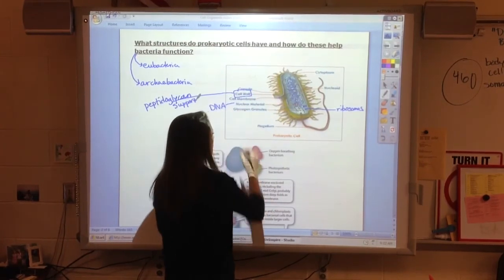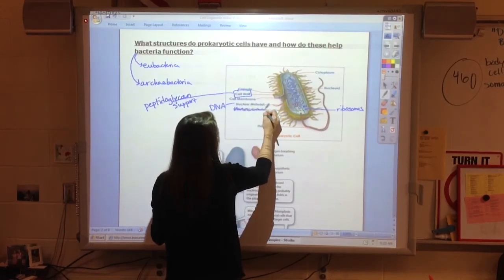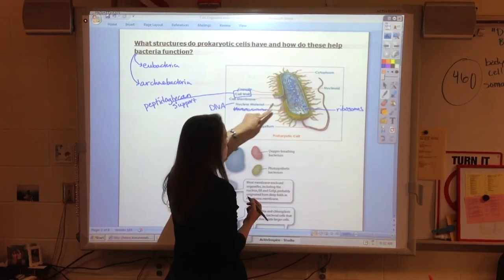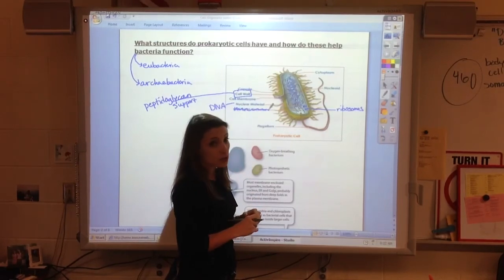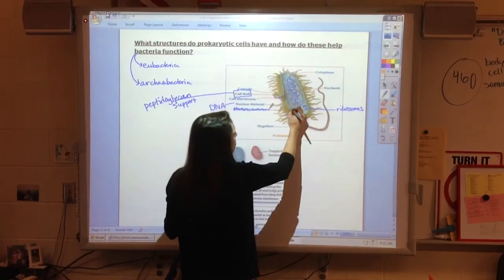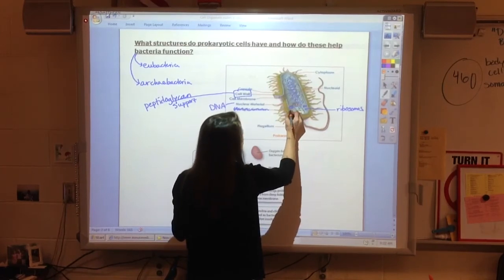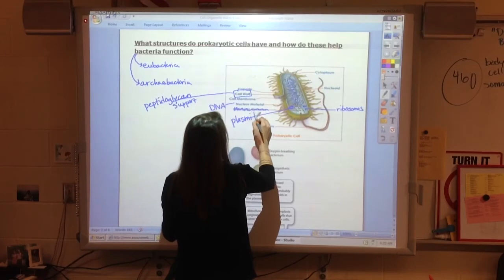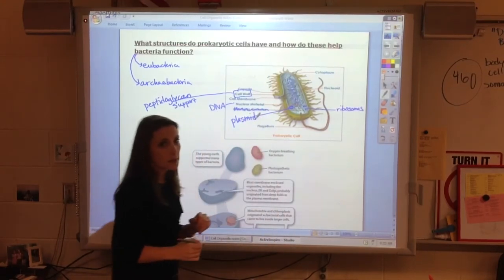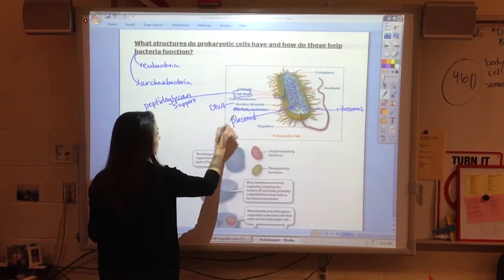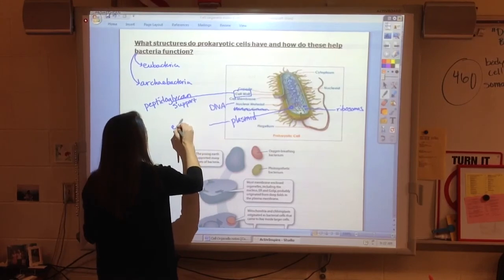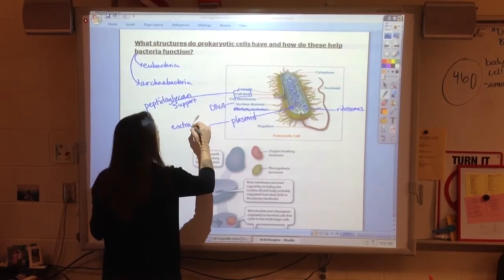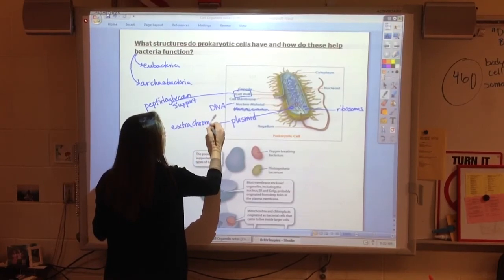Glycogen granules, we're not going to really worry about these. In fact, we're going to cross them off. We do want to focus on what's called extrachromosomal material. So I need you to draw a little circle, and we're going to call this a plasmid. P-L-A-S-M-I-D, plasmid. A plasmid is going to be what we call extra or beyond the chromosomal material.